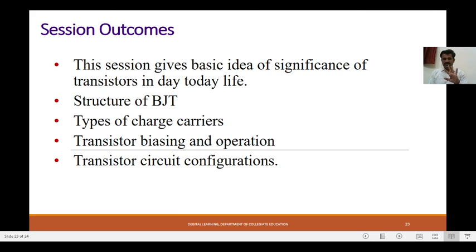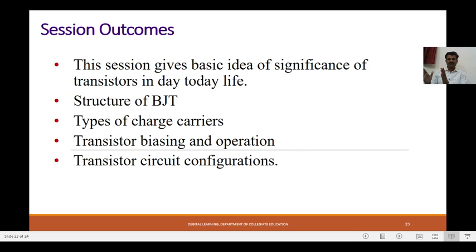We have studied the transistor structure and its circuit symbol, the basic construction, the majority charge carriers, minority charge carriers, and doping concentrations, and which is the thin region and which is the thick region.